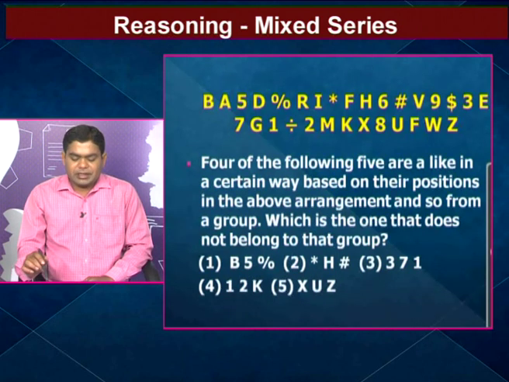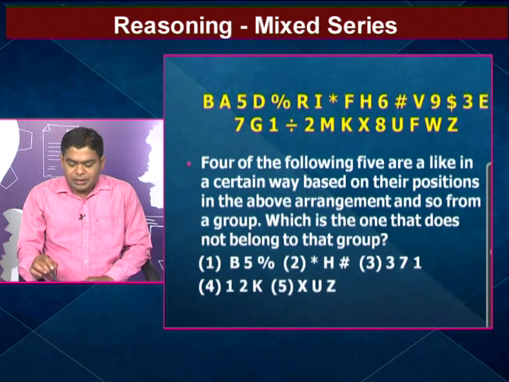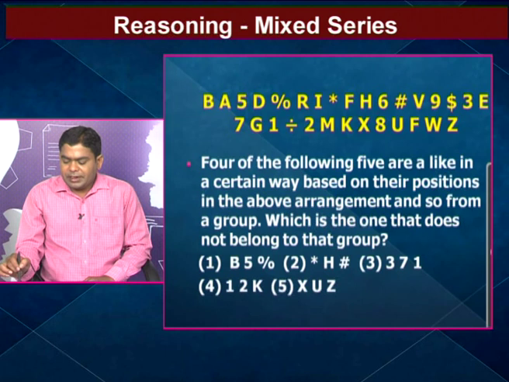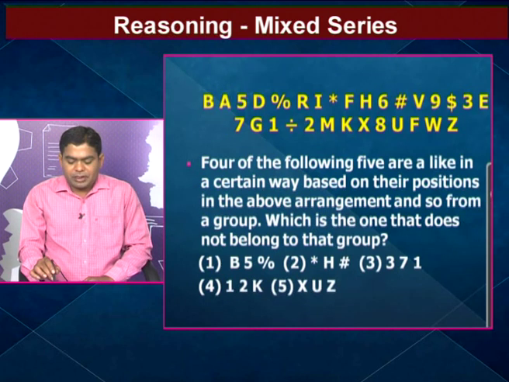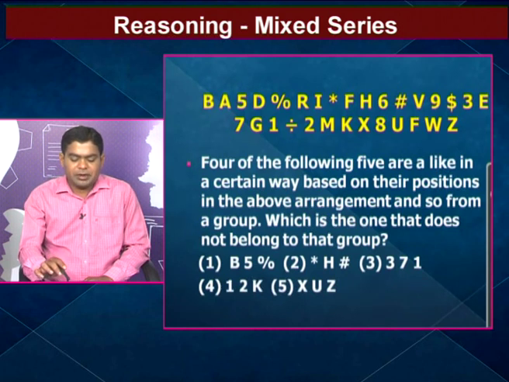So here in the given series, the first option is B 5 %, the second option is star H hash, the third option is 3 7 1, the fourth option is 1 2 K, and the next option is X U Z. So here by observation B is there, 5 is there, percentage is there, that means B 5 %. The first element is B, the next element is 5, that means the second next element of B is 5. Again the star, percentage is there, percentage is the second element after 5.